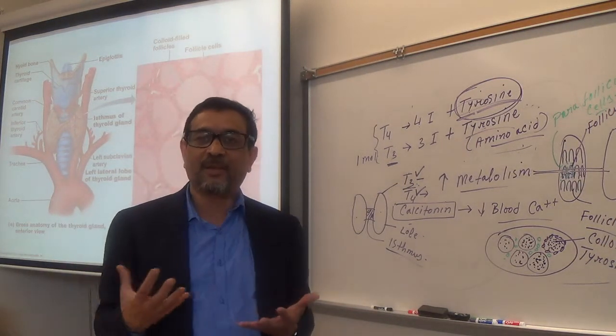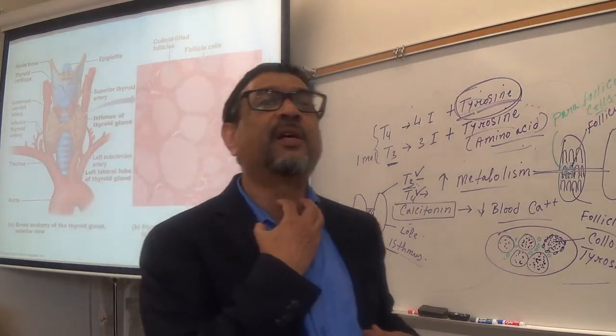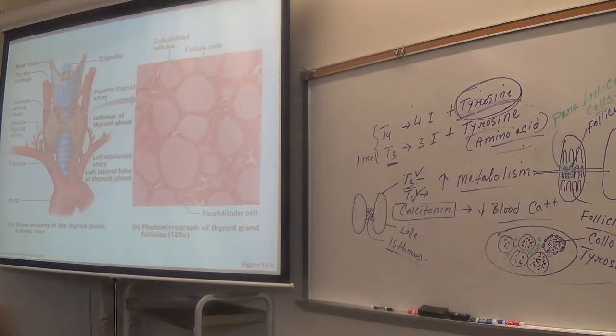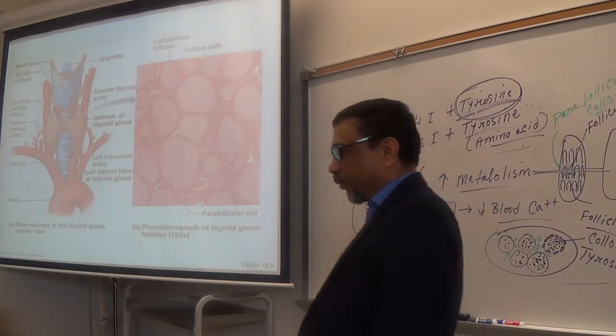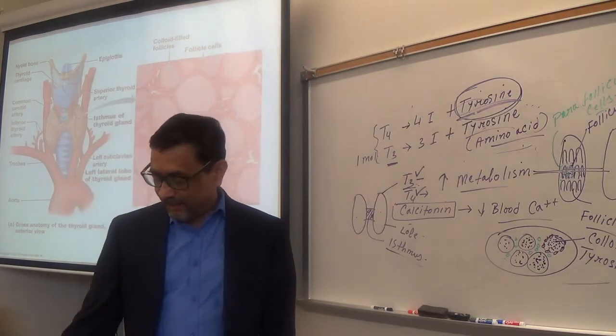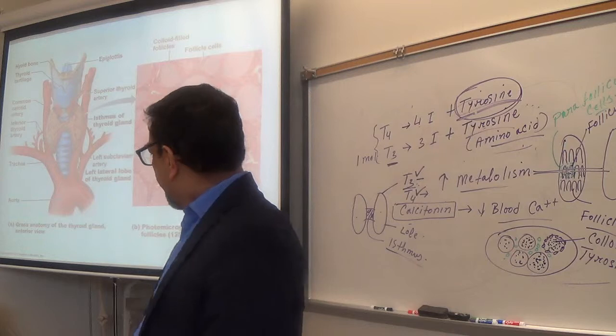Have you heard that? Goiter is the enlargement of the thyroid gland, and happens usually due to lack of iodine, because iodine binds with tyrosine, so tyrosine will not be used up, will start to accumulate inside the thyroid gland, inside the follicles, and that causes the goiter.